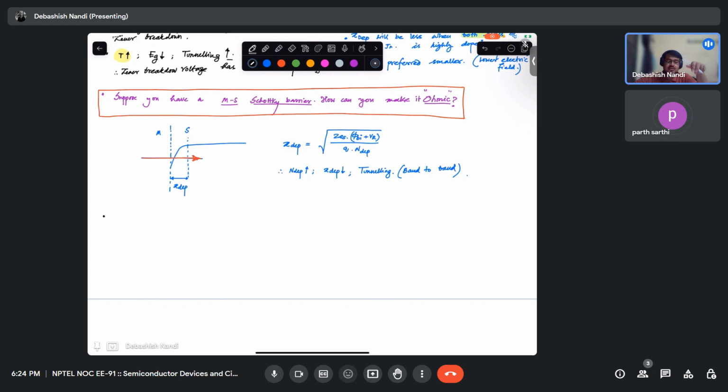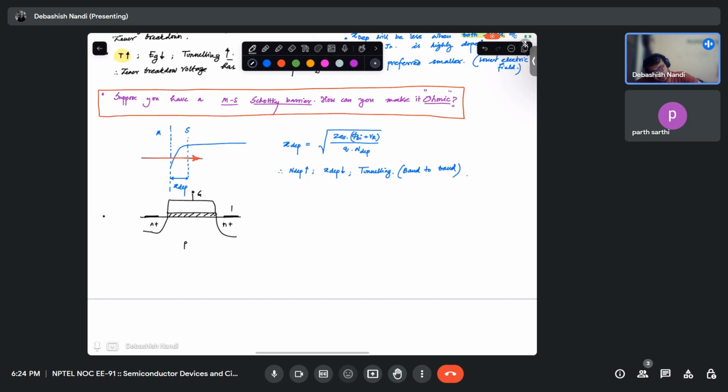And there are other reasons also, right? This is one reason, okay? Let's say these are the MOSFET contacts. This is P. Let's say this is the MOSFET and you have some kind of metal contact here, right?